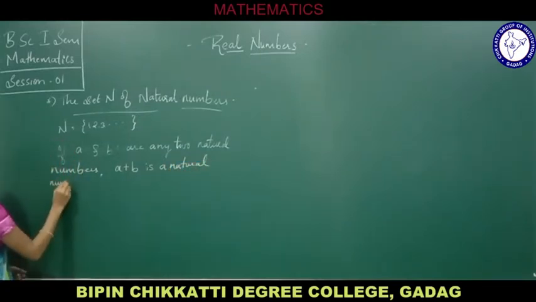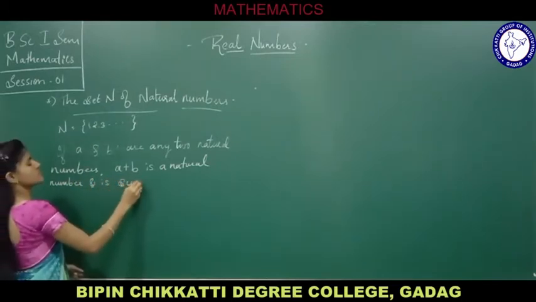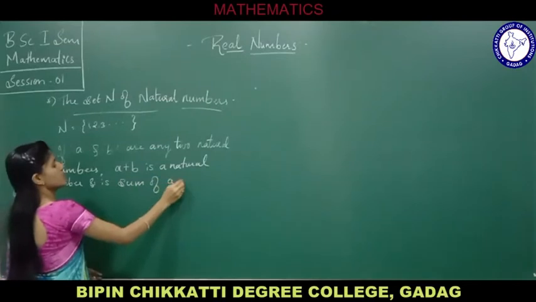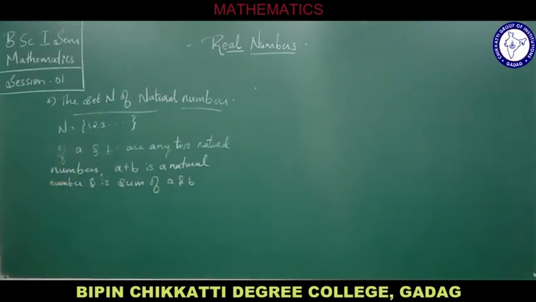And A plus B is called the sum of A and B. Then what about the multiplication? A into B is also a natural number.